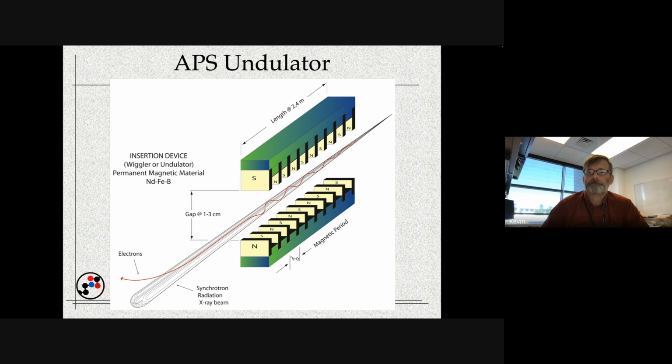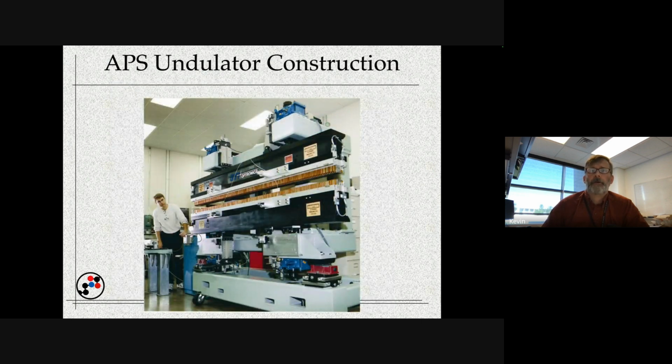This is a picture to give you an idea of the scale of one of these undulators, and you can see the magnet array between these two large jaws. These are all mechanical, so that they can move these closer together or further apart, and the distance between them will determine the energy of the X-rays that you get.